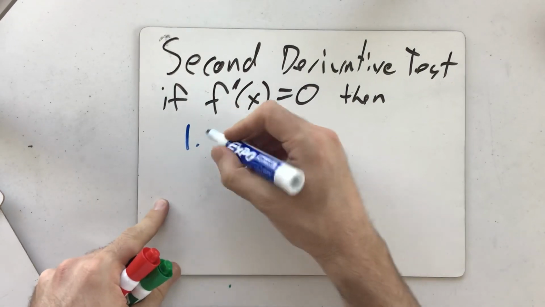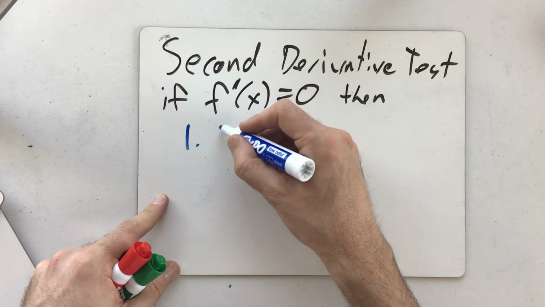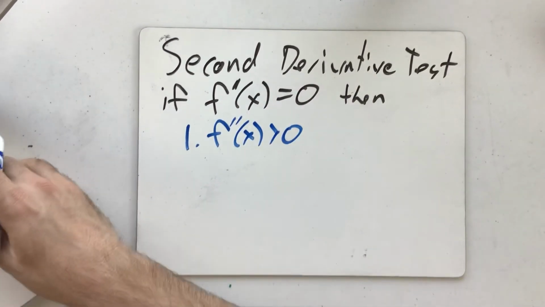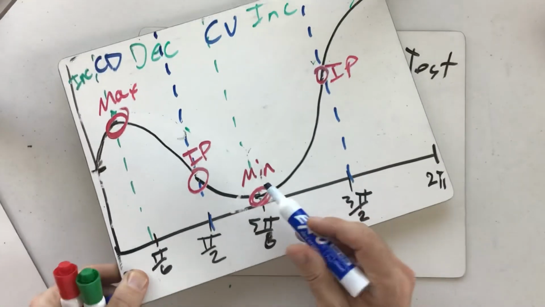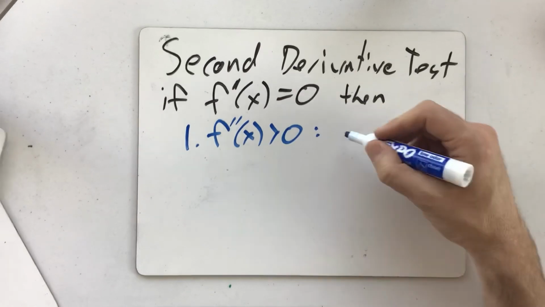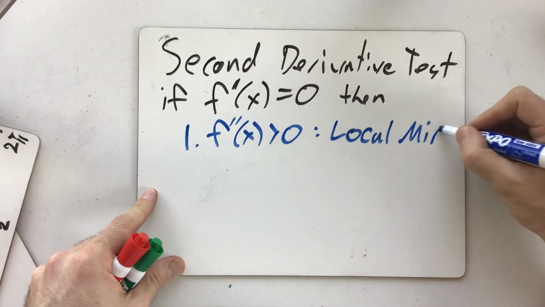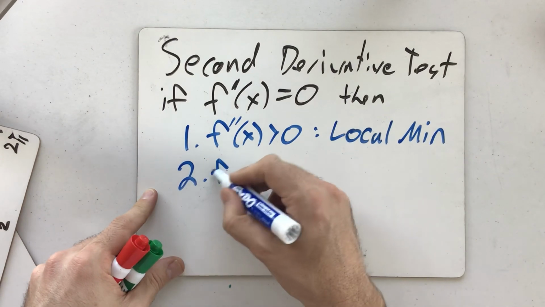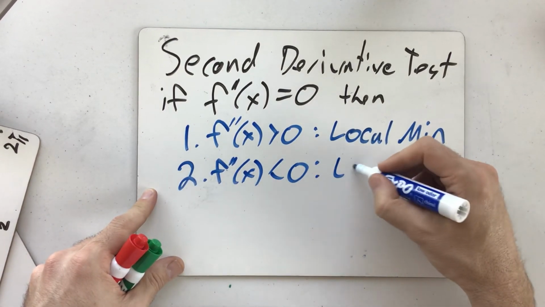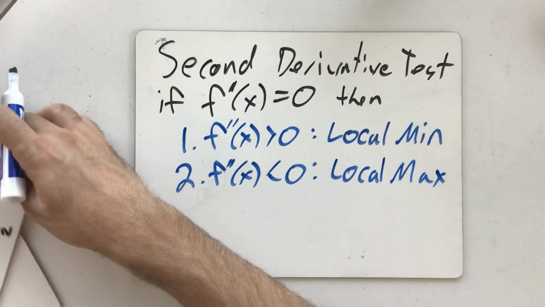Either one, if f is concave up, so if the second derivative is positive, that's this type of situation where we have a bowl shape, then we get a local minimum.